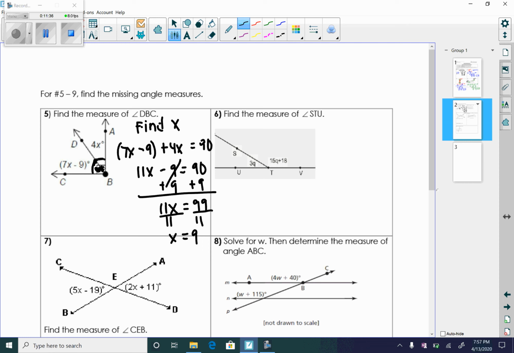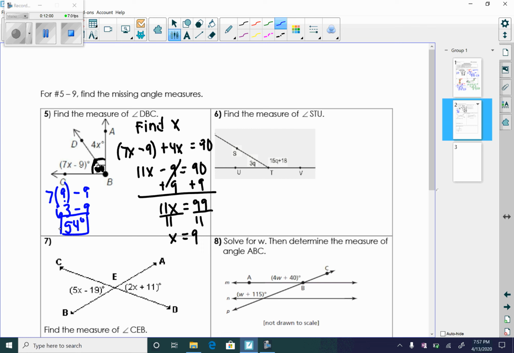Now again, I'm asked for DBC. So 9 is not the final answer. Now I'm going to plug in that 9 for x. So 7 times 9 minus 9. And that gives me 63 minus 9. And so my final answer to this question is 54.